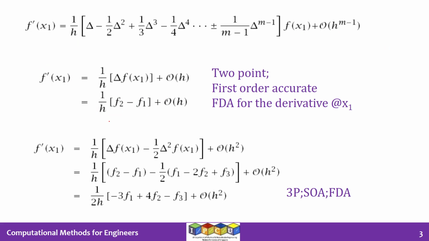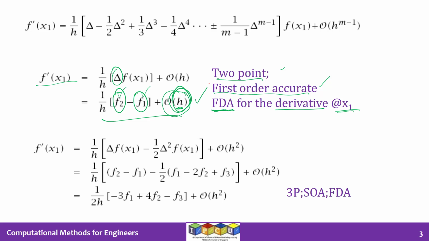And this expression is rightly called 2-point because 2 points are involved in the calculation of the derivative. It's called first order accurate because the error is of the order of h. So it's first order with respect to h. And this is a forward difference approximation for the derivative at x1. This is one expression for the derivative of the function at x is equal to x1.